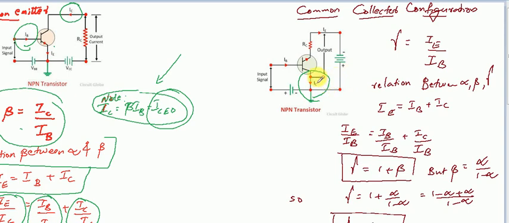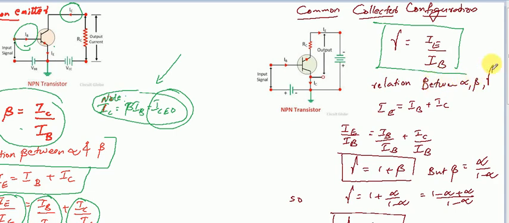In this type of combination, the current amplification factor is the ratio of output current to input current. Here you can see output current is emitter current IE, and input current is the base current IB. Here it is represented by gamma. So gamma is equal to IE divided by IB.